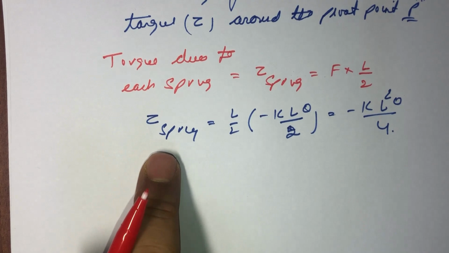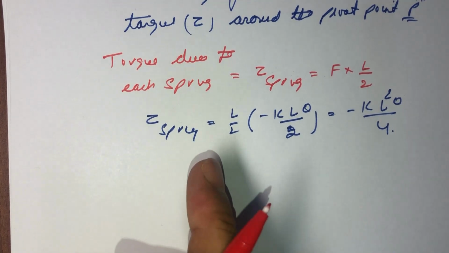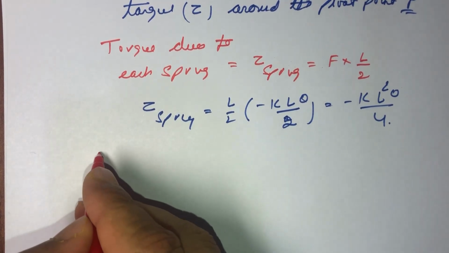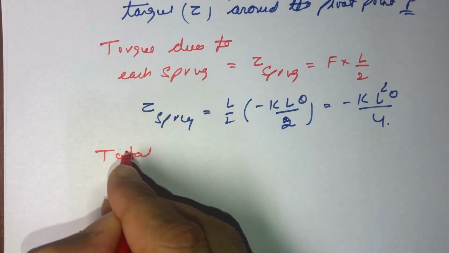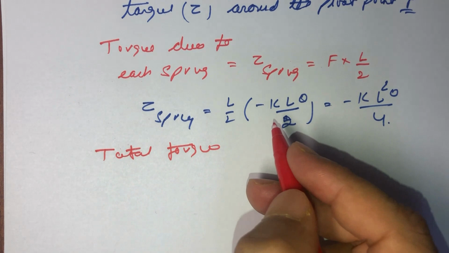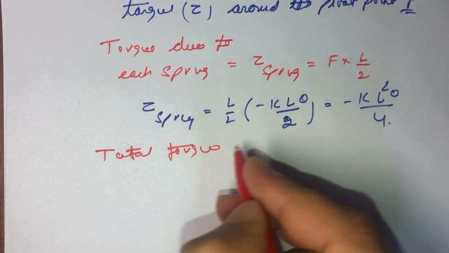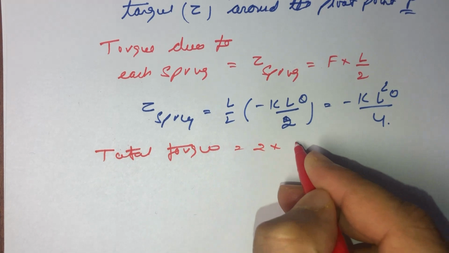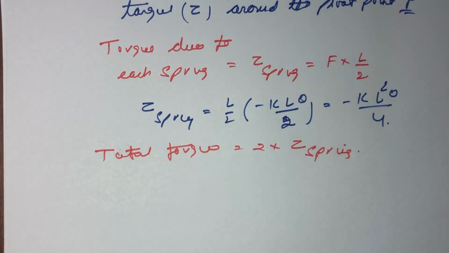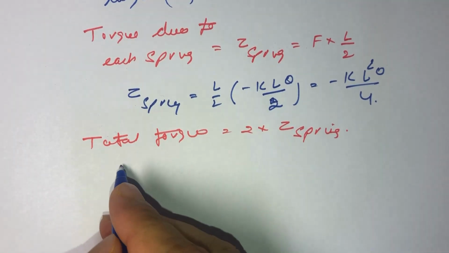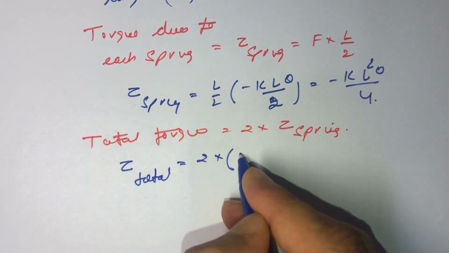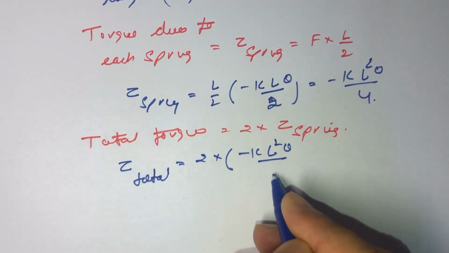Now this is the torque because of one spring. So we have two springs. So total torque will be equal to twice tau spring, and total torque, let us suppose, is given as tau total, which is equal to 2 multiplied by minus k L square theta upon 4.